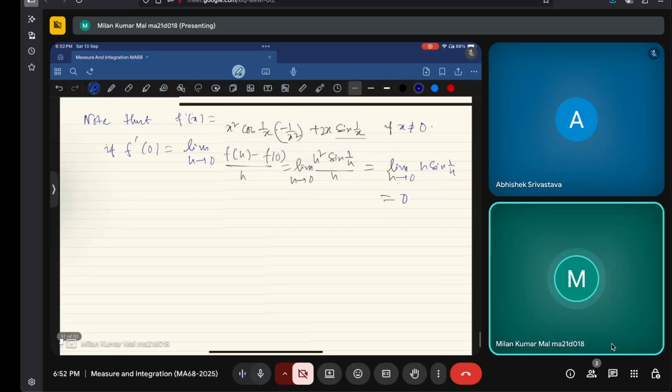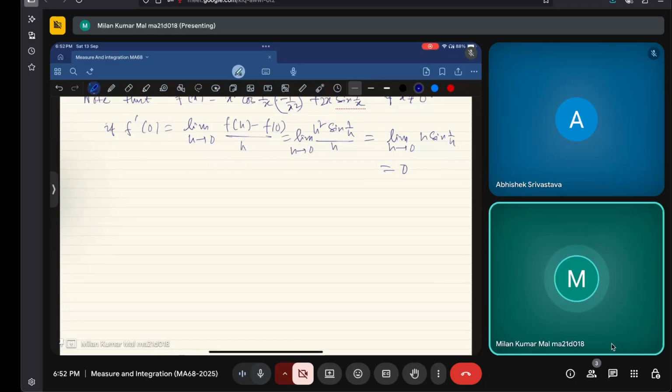Why is this equal to 0? Because sin 1 by h is always bounded between minus 1 and 1. So minus h is less than or equal to h sin 1 by h, which is less than or equal to h.